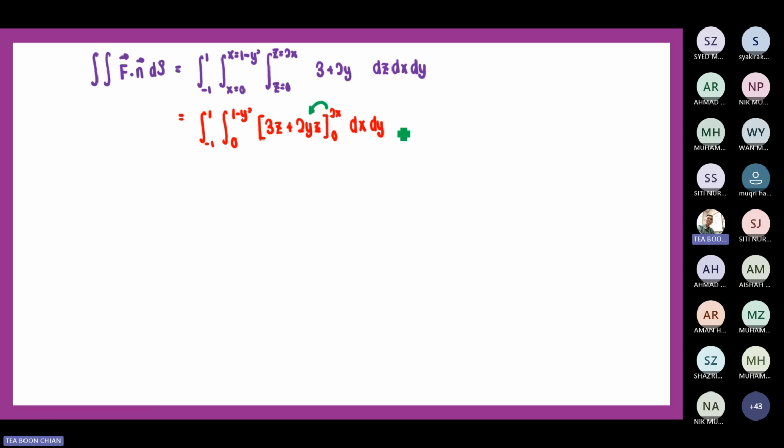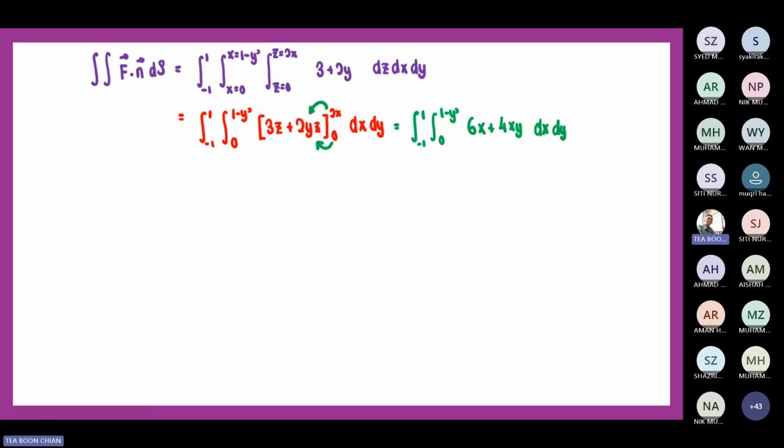So substitute 2x into it. Let's see what we obtain. -1 to 1, 0 to 1 minus y squared. So this gives me 6x plus 4xy. Substitute 0, everything turns 0, so should be fine. Therefore, dx dy.